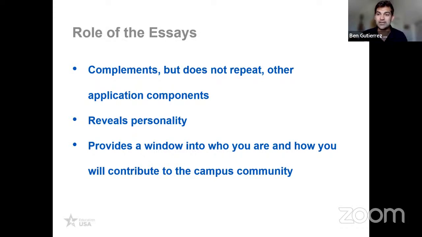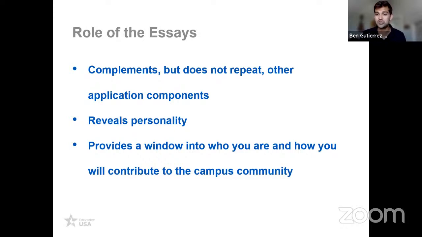The goal of the essay is really for us to understand a little bit more that hasn't been mentioned anywhere else in the application. So if you are looking at the extracurricular list, if you're looking at your academic record, if you're looking at other parts of your application, and if there are components about you as an individual that you feel like haven't been mentioned or indicated anywhere else, then the essay is a good place where you can add that information to complement any of the information or context that your application has presented up until that point.